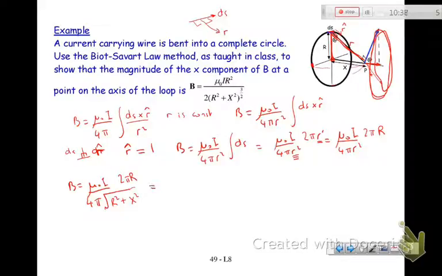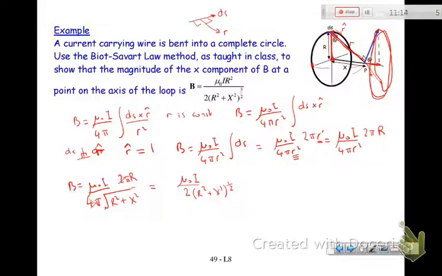Okay, so I'm going to leave this. Let's try and get closer to here. So I'm going to simplify things. So mu naught I, my 2 pi and my 4 pi become just 1 over 2 like that. And then I have R squared plus x squared to the half, because it's square root. Yeah, it should be just to the 1, because it's r squared. Big R squared plus big x squared.